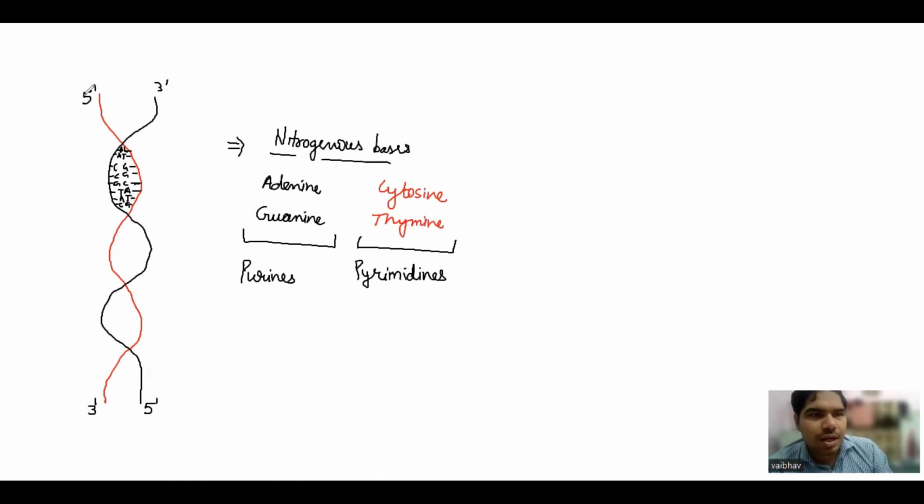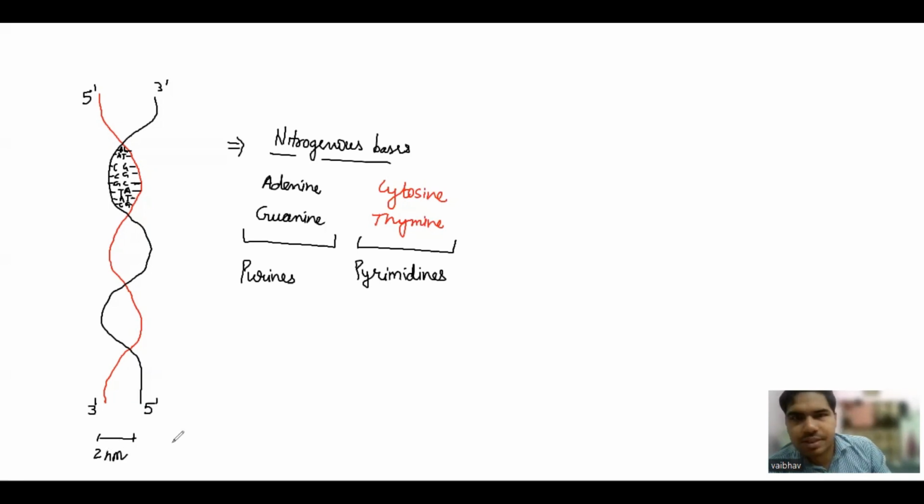Suppose one strand has a 5 prime to 3 prime direction, the other strand will have a polarity of 3 prime to 5 prime. So there is antipolarity between the anti-parallel strands. And another thing, between both the strands there is a specific distance of 2 nanometers.